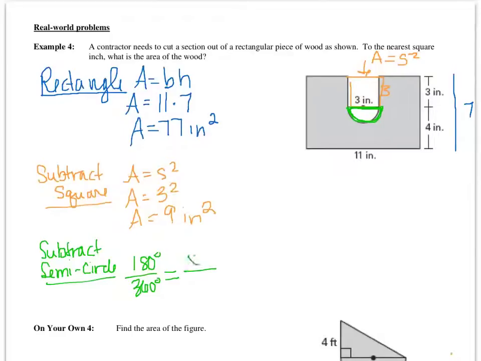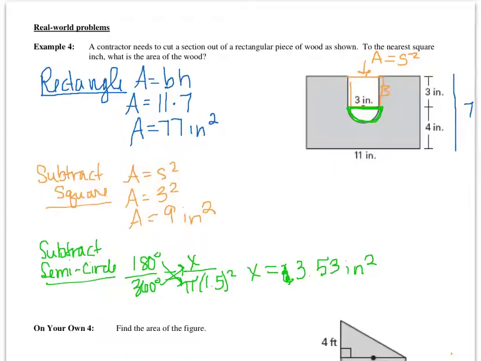So my area that I'm looking for is x over pi times 1.5 squared. Now if you do a little cross multiplying here, you'll find that your area for that semicircle is 3.53, and that would be inches squared.